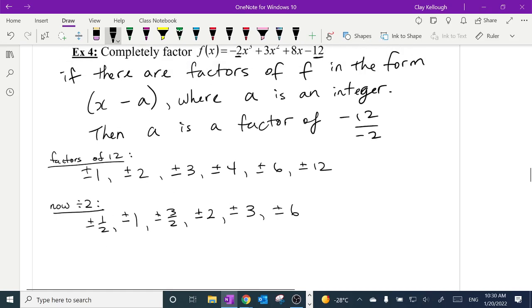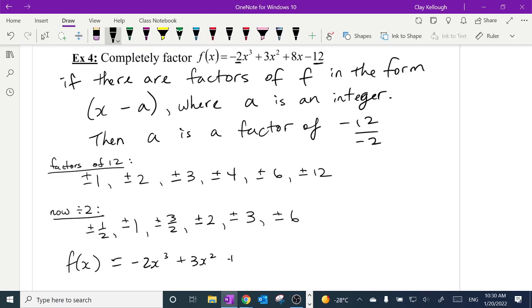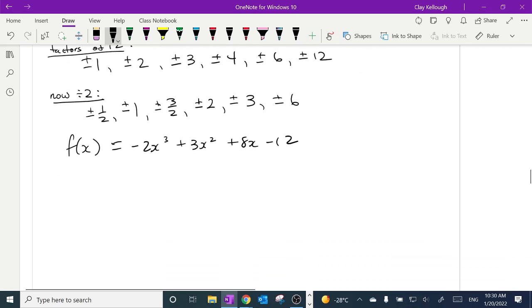So let's see. F of x. Let me write the function down again because it's way up there. There we go. -2x cubed plus 3x squared plus 8x minus 12. Okay. Let's try a half. Does f of a half make 0? That'd be a half cubed is 1/8 times -2.